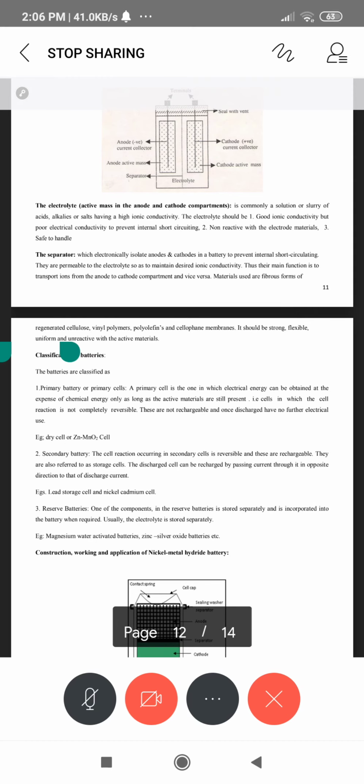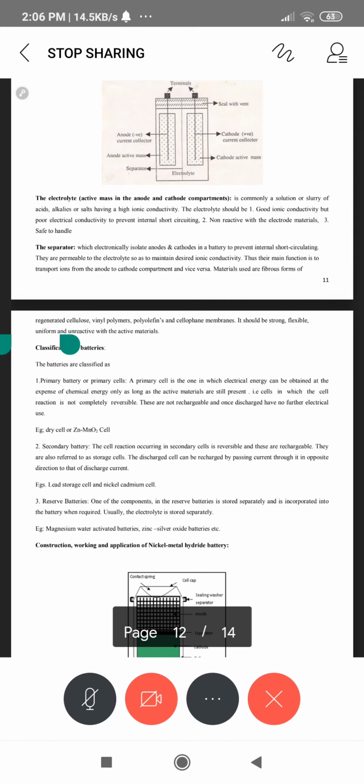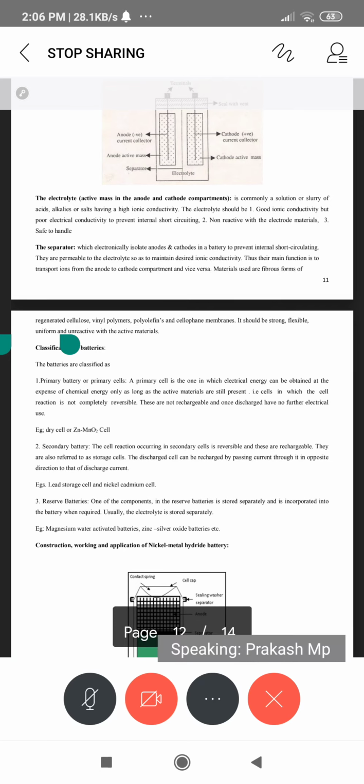These are the comparison between battery and cells. The improvised portion is the battery, a compact device is the battery. Changing the salt bridge into a separator is the battery.